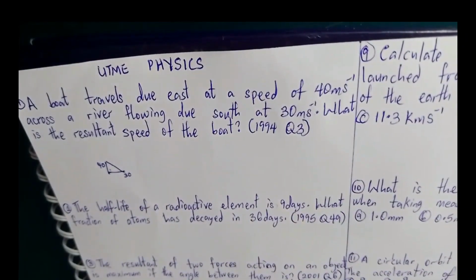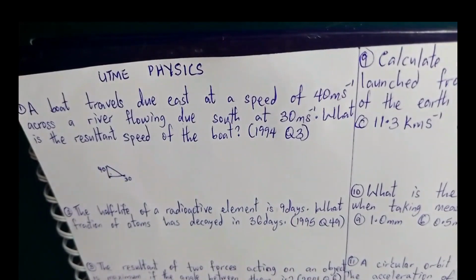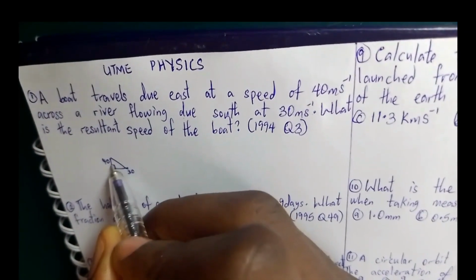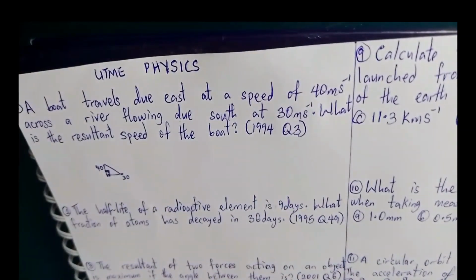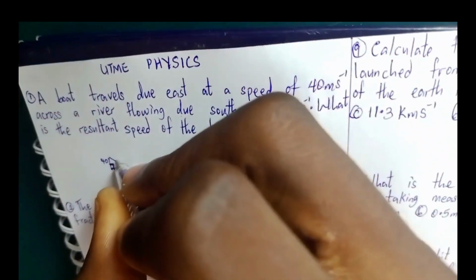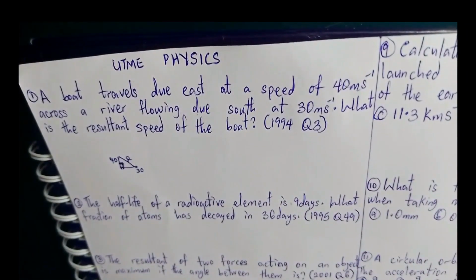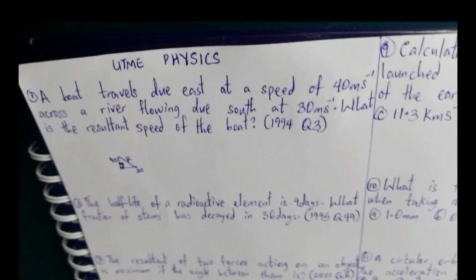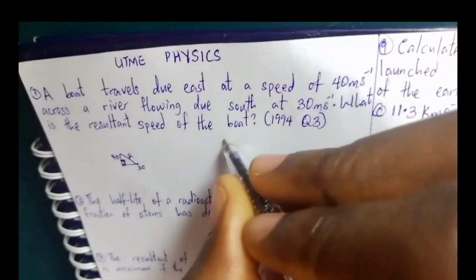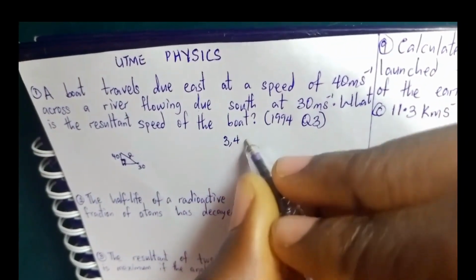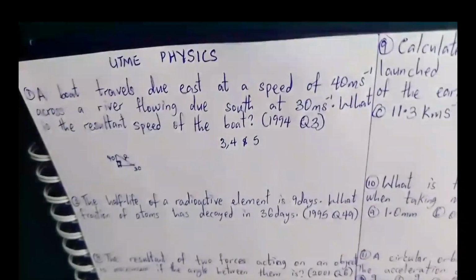And note that anytime they are asking for resultant speed like this, and you are given the angle 90 degree, the best thing is for you to calculate the resultant first using Pythagoras theorem. But in order to save our time, there is something we call Pythagorean triple. So this particular 3, 4, and 5, they are Pythagorean triple.